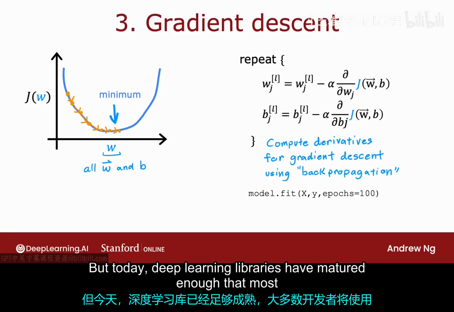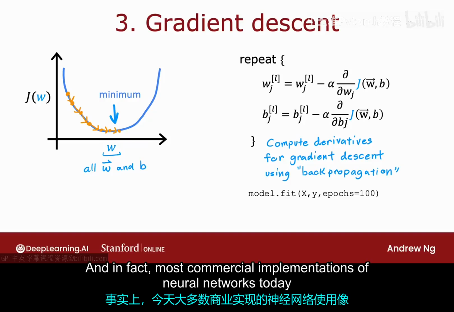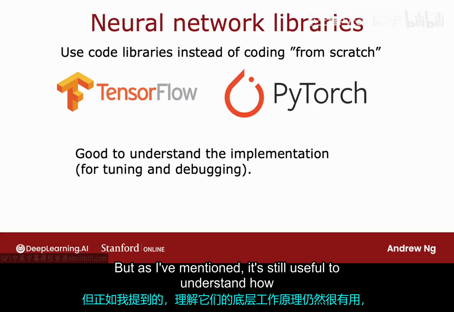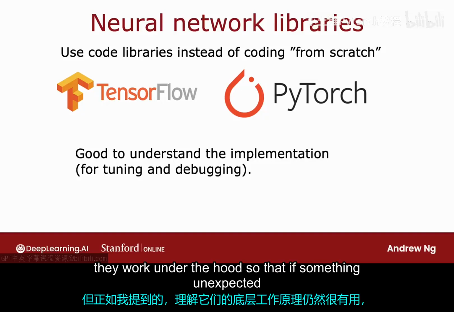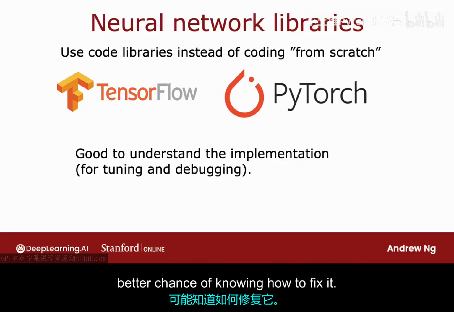But today, deep learning libraries have matured enough that most developers will use these libraries. And in fact, most commercial implementations of neural networks today use a library like TensorFlow or PyTorch. But as I've mentioned, it's still useful to understand how they work under the hood so that if something unexpected happens, which still does with today's libraries, you have a better chance of knowing how to fix it.